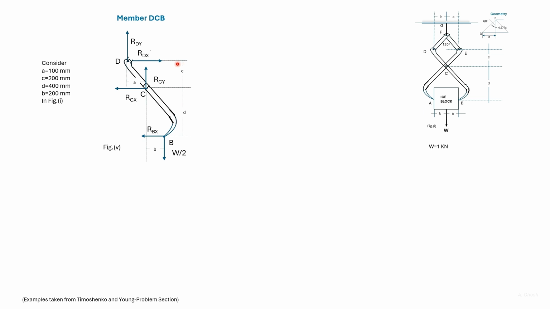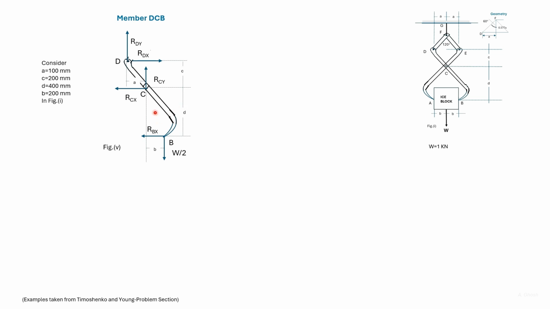Now, let us take moments about the point C in DCB. We have already found out RDY and RDX in the previous slide. So, considering moment about C, we can find out RBX.